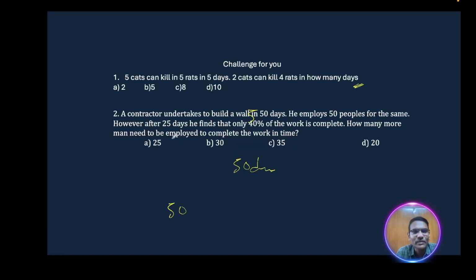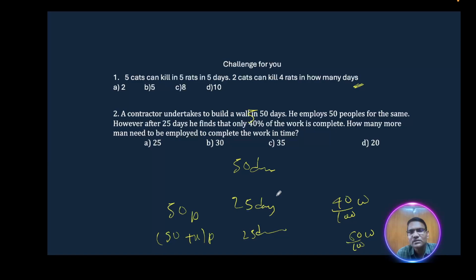How many more men are needed to complete the work in time? So after 25 days, started with 50 people, only 40% of the work is completed. The rest of the 60% of the work is to be completed in 25 days. How many additional men should be taken to complete the work in time?